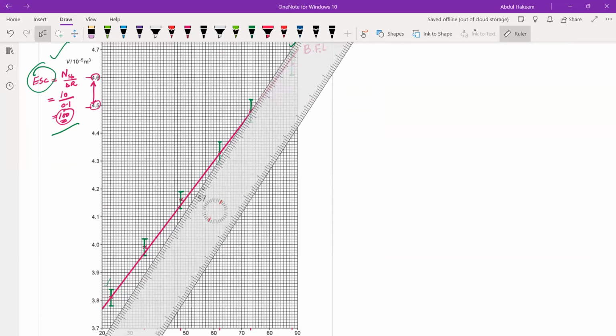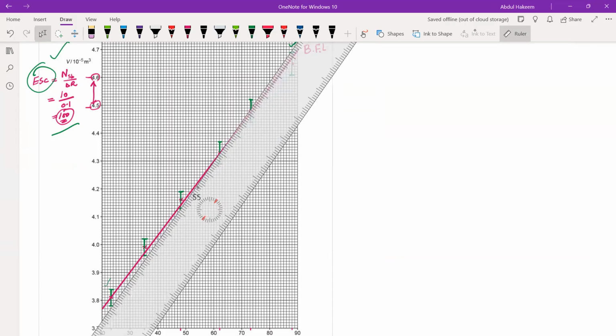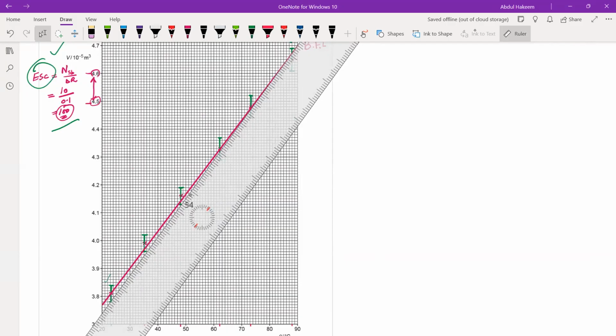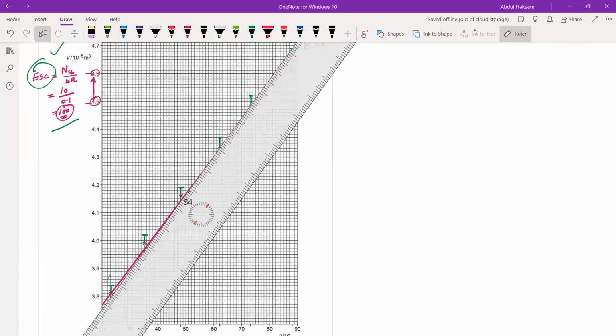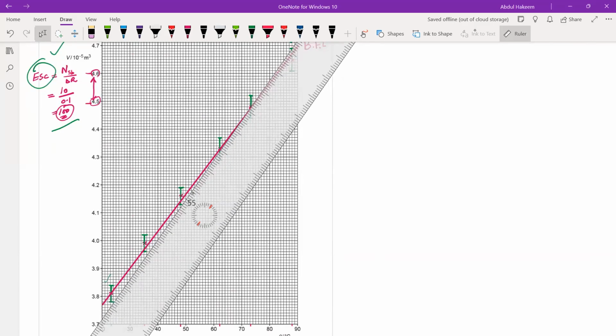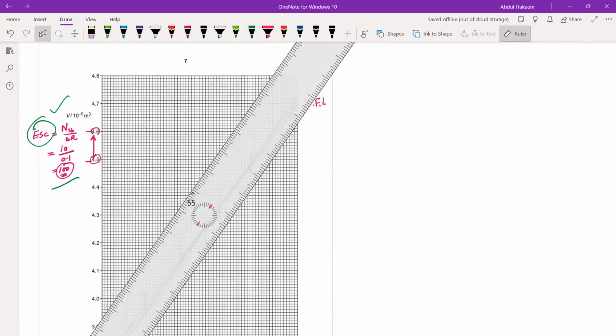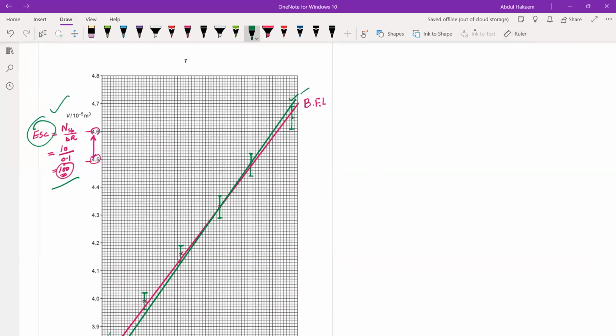So you can draw the line. Okay. Now this line is labeled as the worst acceptable line.